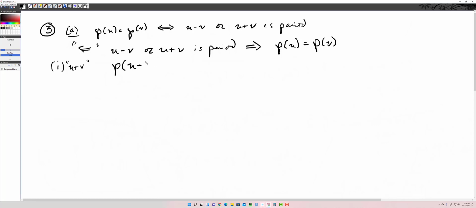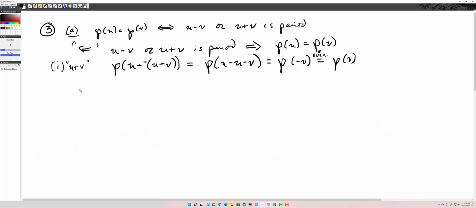So what I'm going to do is add negative U plus V. This is going to be P of U minus V, which is P of minus V, which is P of V. Why? Because P is an even function. The second case looks like this.